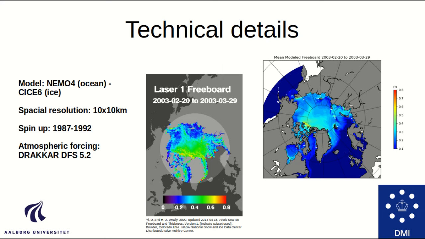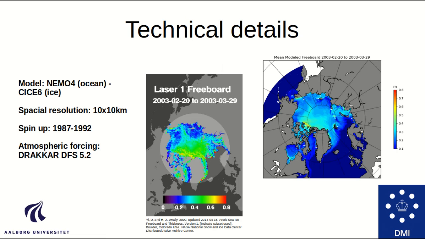On the right-hand side, you see some results from the reference run for freeboard in the Arctic, and on the left-hand side, you see some IceSat-1 freeboard averaged over the same time in March 2003. Note that the color bars are slightly different, almost the same but slightly different.